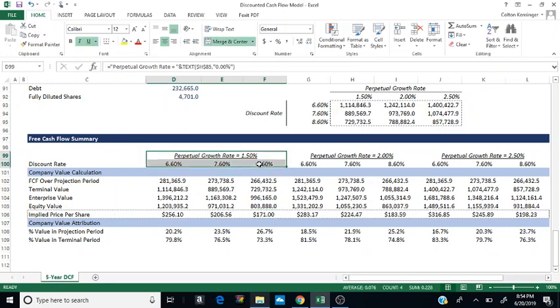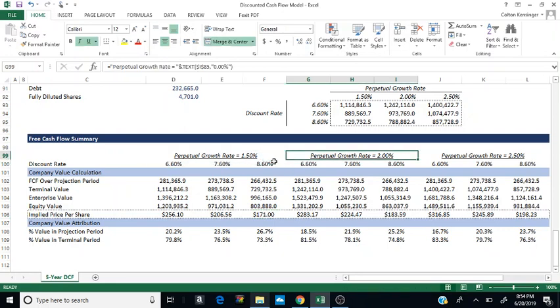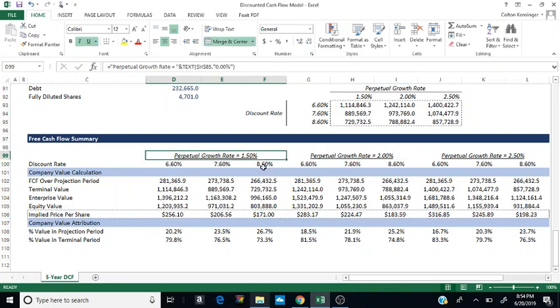So we could look at this and say, hey, we're assuming a really low perpetual growth rate at around an 8.5% discount rate, and we're coming up with Apple could be trading no lower than 171 a share. That's not far off from what it's trading at right now. So we're really limiting our downside risk.